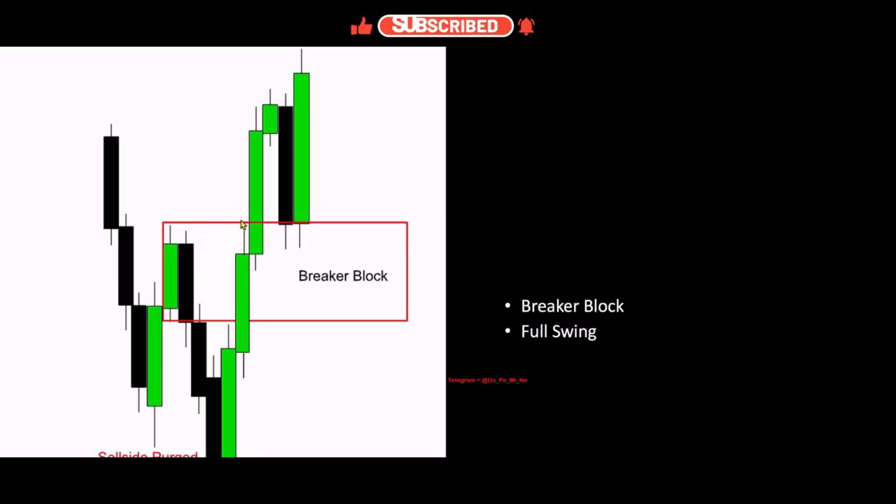So the moment that a wick reprices above that high, it's already a confirmed change in state of delivery. And what's possible is that the next candle then completely shoots price higher after opening inside of that breaker block. Why is that allowed to occur?